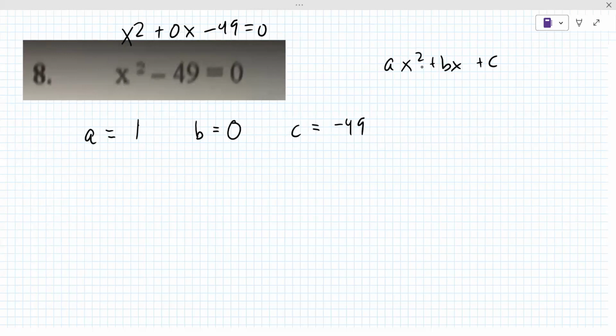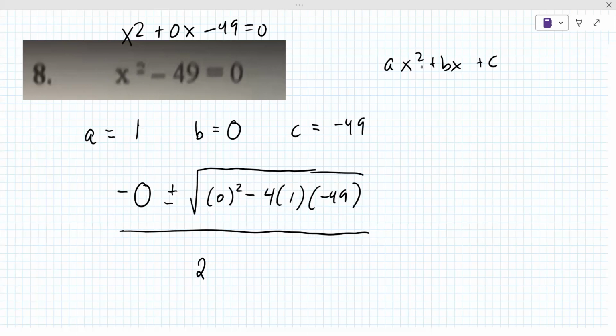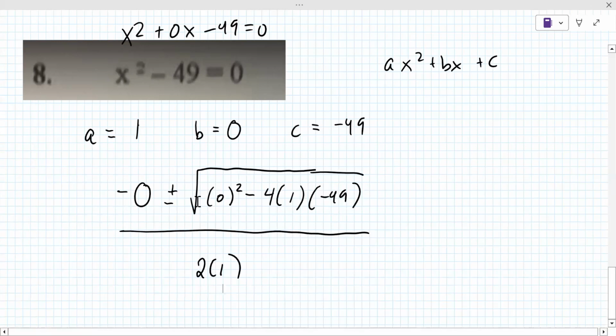So we have minus 0 for b, plus or minus the square root 0 squared minus 4 times 1 times minus 49, all over 2 times 1. All right, go ahead and calculate what's under the square root for us, please.